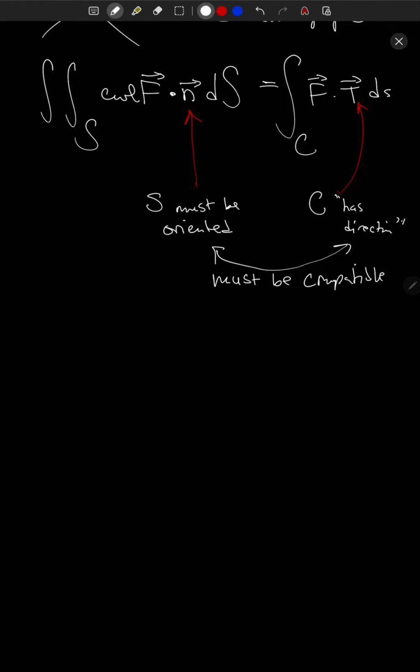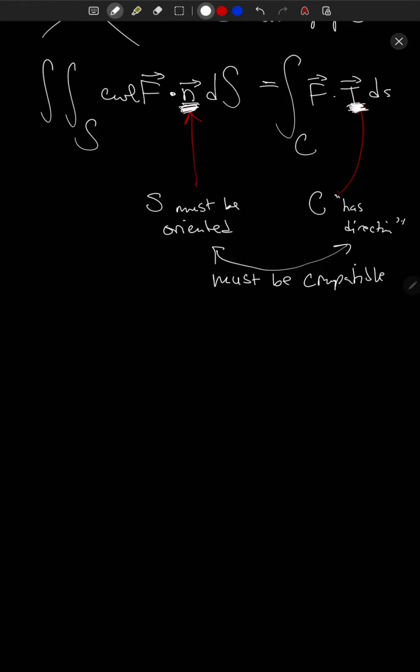You can't just pick any normal and any direction. If you pick a normal for your surface, then the direction for your curve on the boundary is determined by that normal, and also vice versa. If you decide you like a particular direction for your curve, then that determines the normal direction.